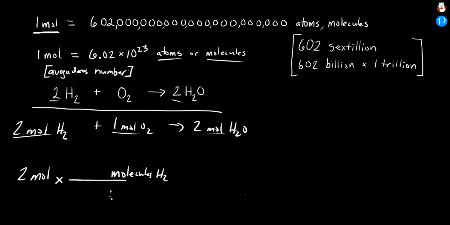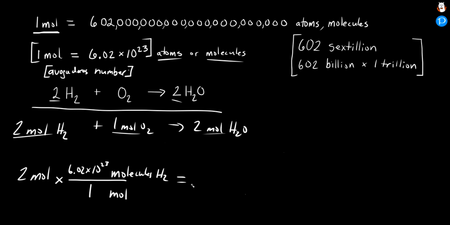That means on the bottom it's going to be moles. And so my conversion factor is this right here. For every 1 mole, there is 6.02 times 10 to the 23rd molecules of H2.